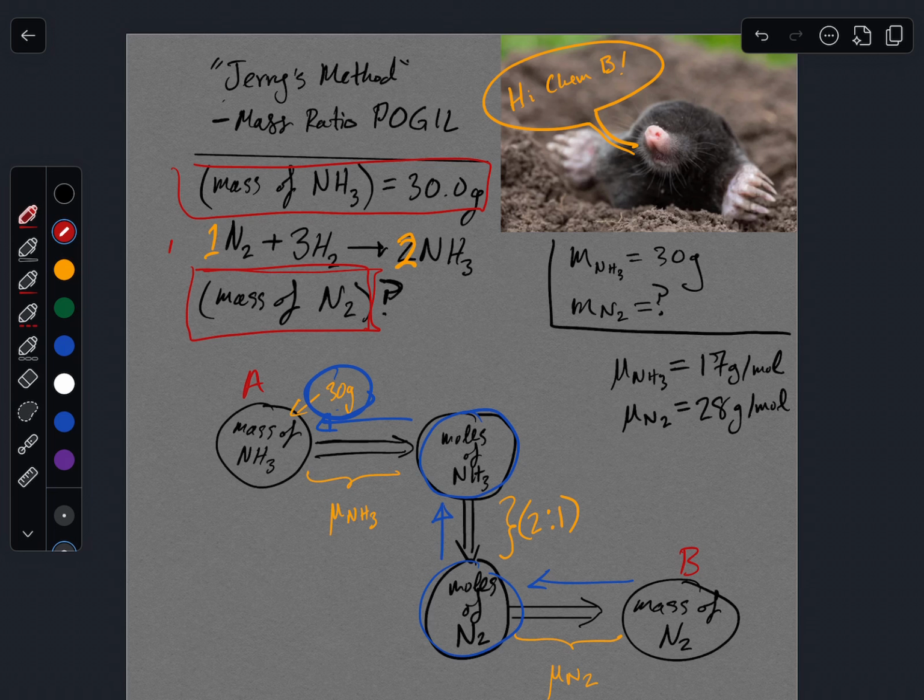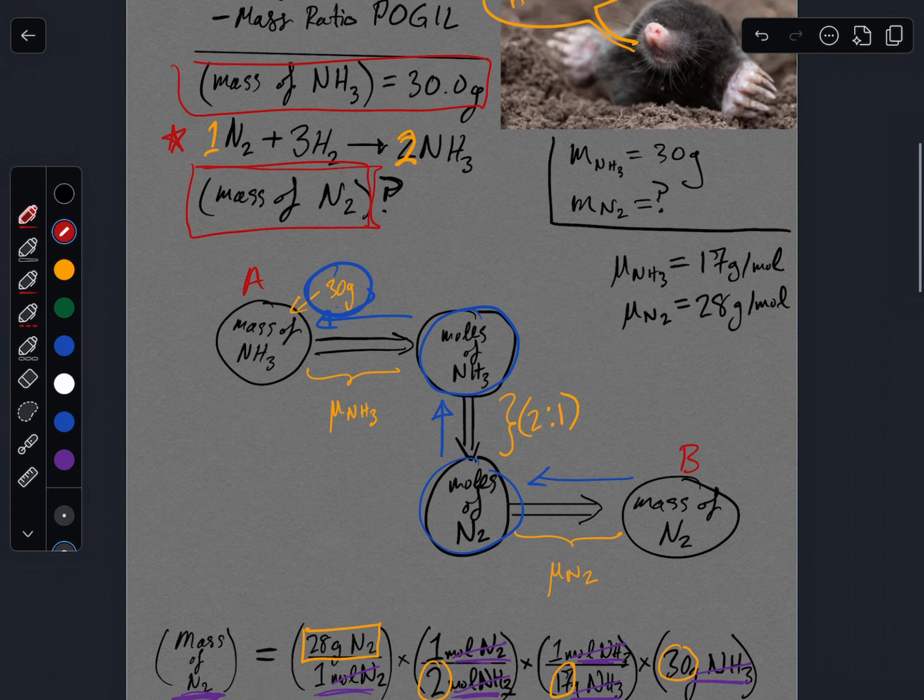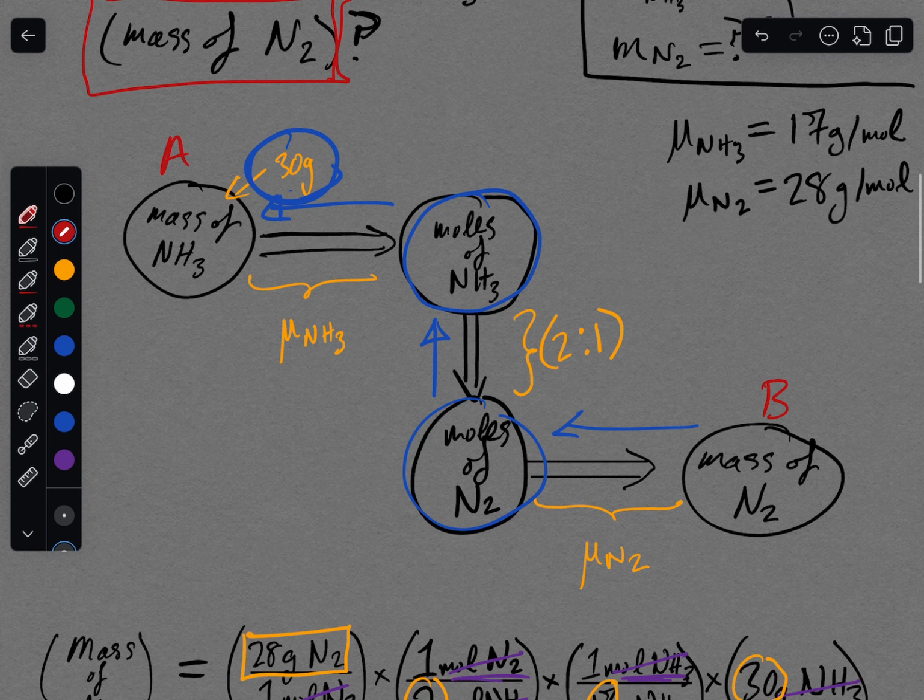And we also used the chemical equation that was correctly balanced to use the mole ratios. And then I set up this little chart here where I said, okay, if I'm going from NH3, I need to go then to moles of NH3, to moles of N2, to then get to the mass of N2.